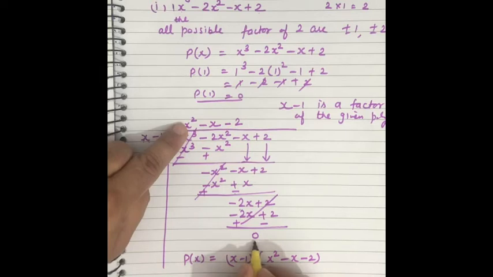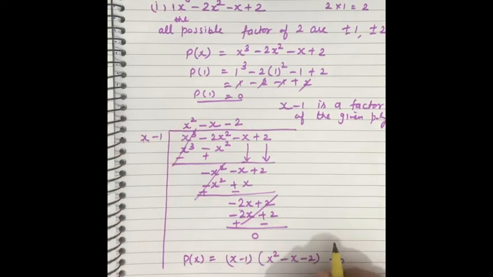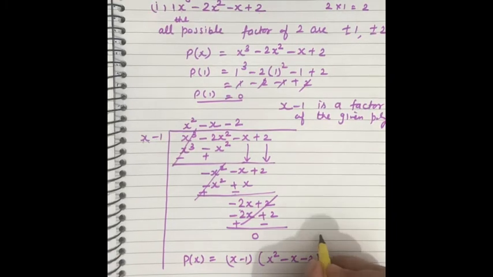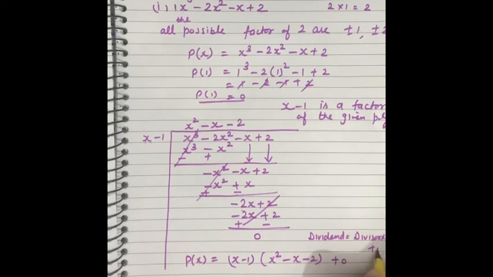Here it is coming as 0, so there is no need to write plus 0. Write down the division algorithm: dividend is equal to divisor into quotient plus remainder.